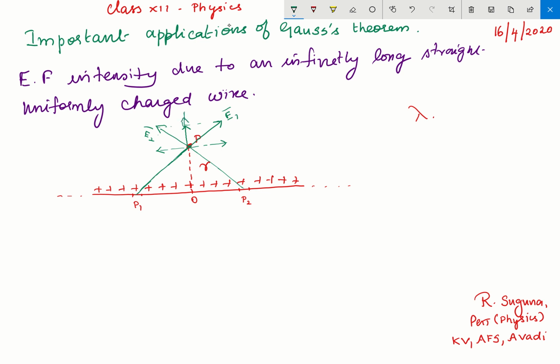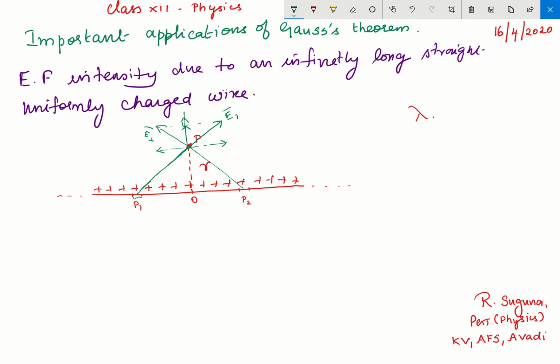These two elements I have taken symmetrically on both sides of O, and the element length is also the same. Since the charge is uniformly distributed, the number of charges in the element P1 is equal to P2. Therefore, E1 and E2 are definitely the same in magnitude.